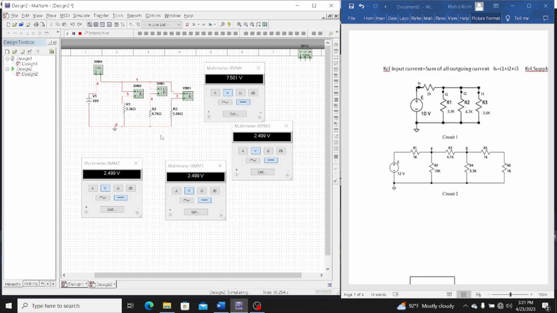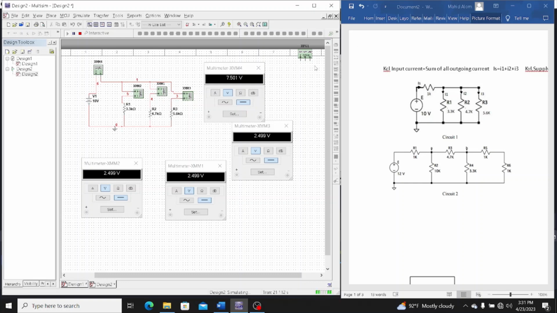If I add all the values, 2.49 plus 2.49 plus 2.49, that will be equal to 7.5. So now we can say that our experiment is done.